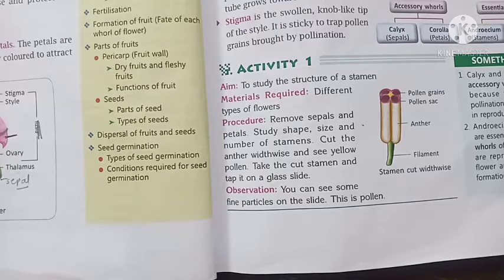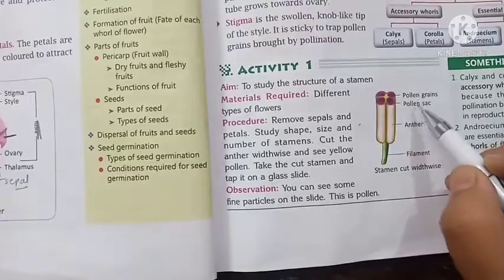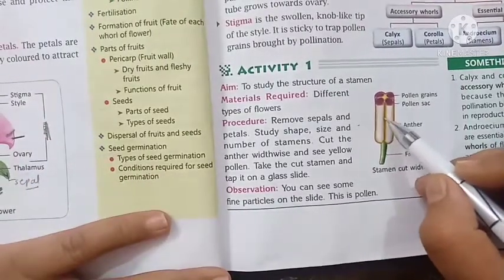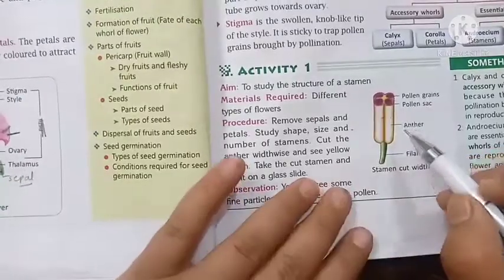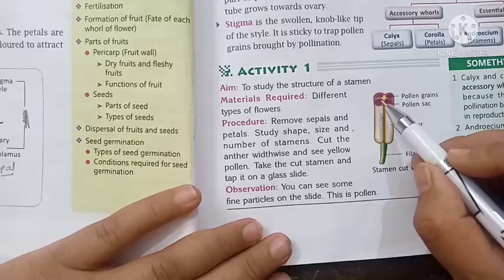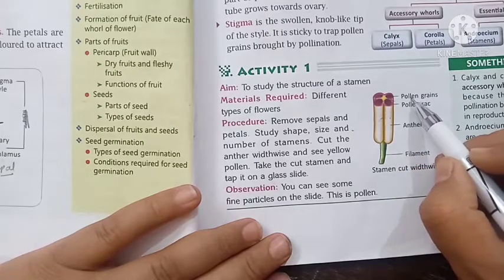above the filament there is a bilobed sac, which is called the anther. Beta, inside the anther a yellow, powdery structure is present, which is called pollen grain.